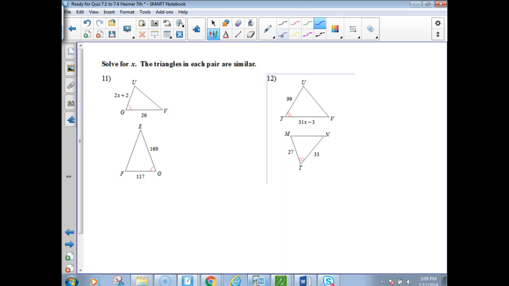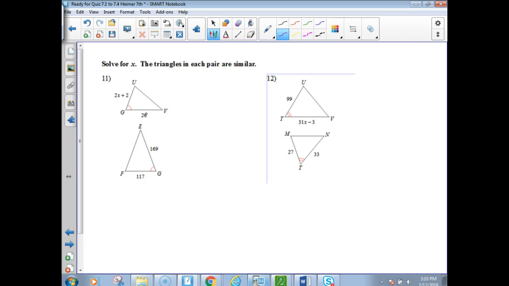Nathan. Number 11. Set it up, please. Dariana? Okay, hold on a second. 26. Okay, now looking at the picture, which one would be longer in the top figure?